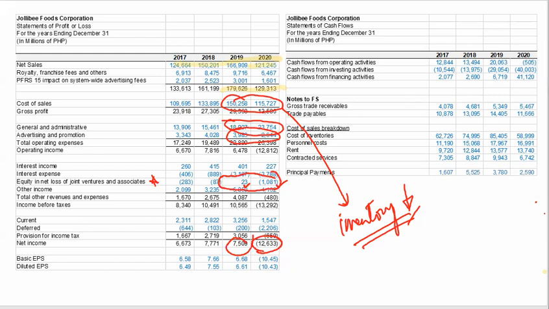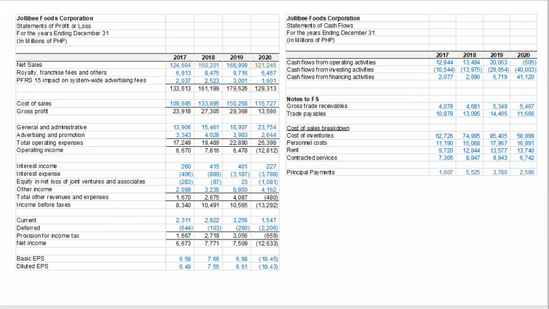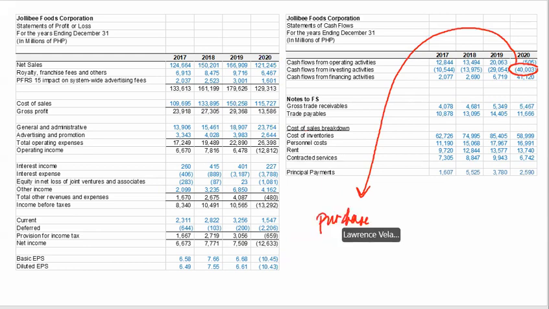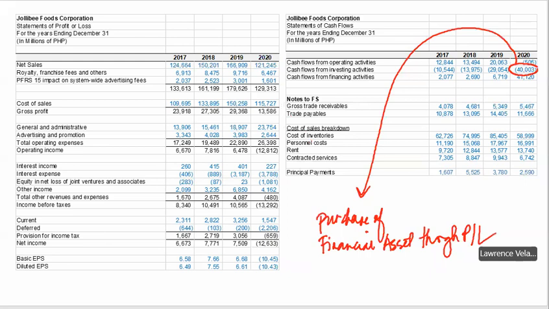Okay? If you look at cash flows, no, there were a lot of investing activities. But if you look at the notes, those investing activities are due to purchase of financial assets through profit and loss. Specifically, that's 35 billion. Okay?